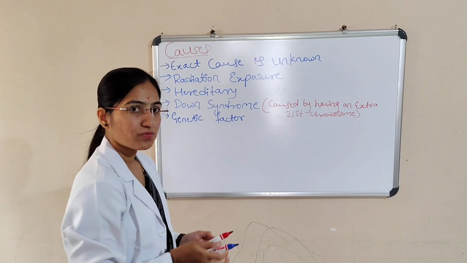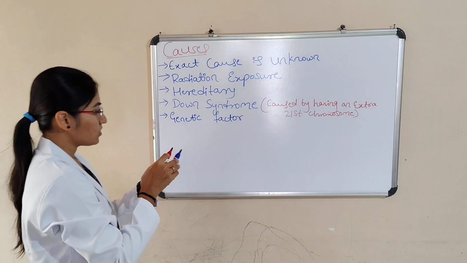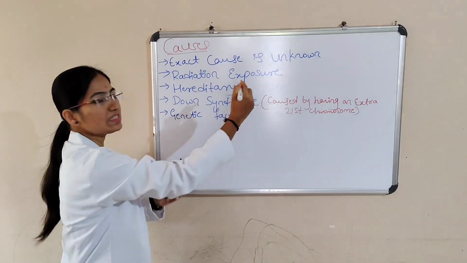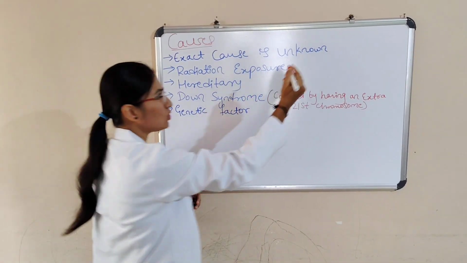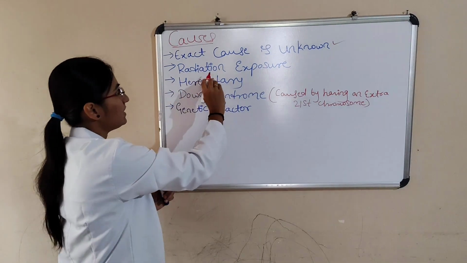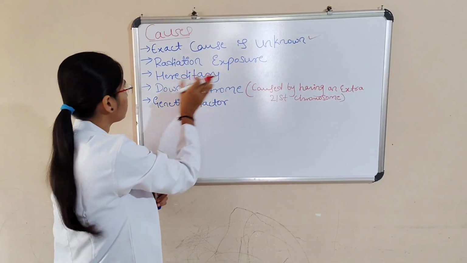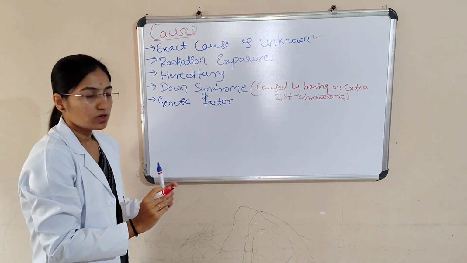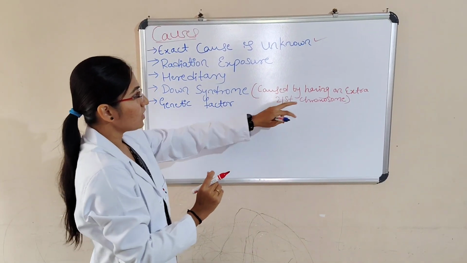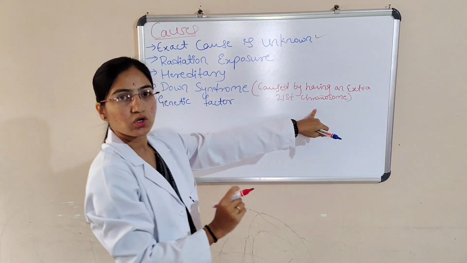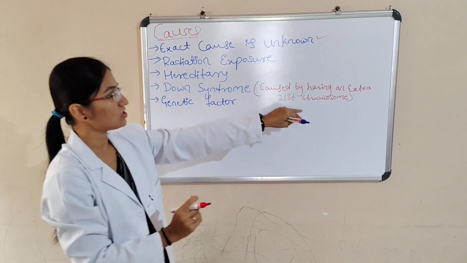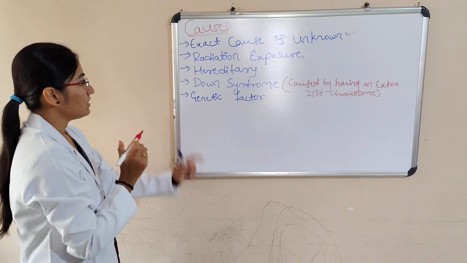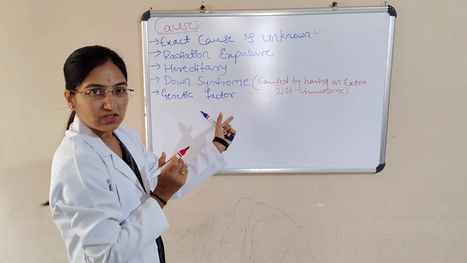Next, we'll see the causes for leukemia. The first cause is that the exact cause is unknown. And then radiation exposure, hereditary, and Down syndrome. Down syndrome is caused by having an extra 21st chromosome. And the last cause is genetic factor.